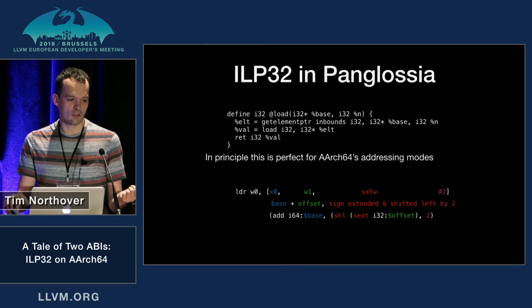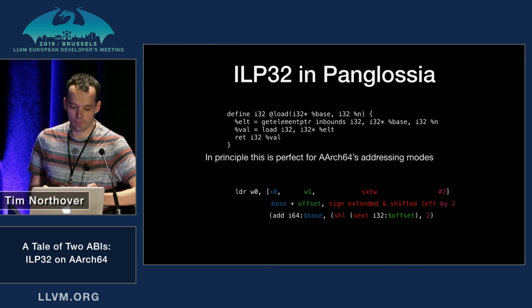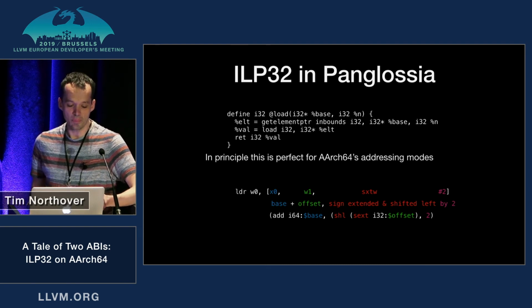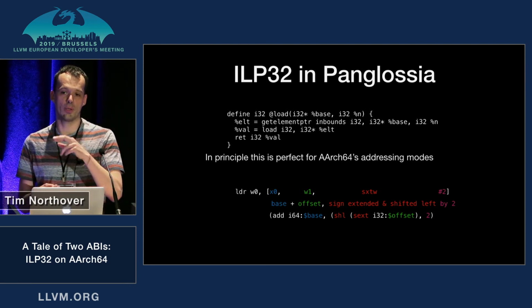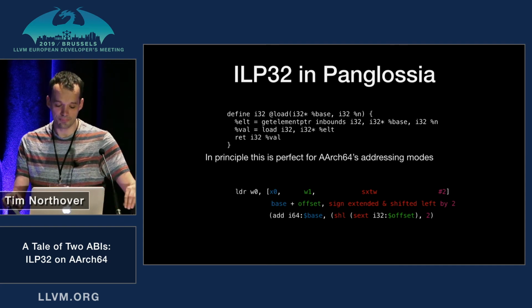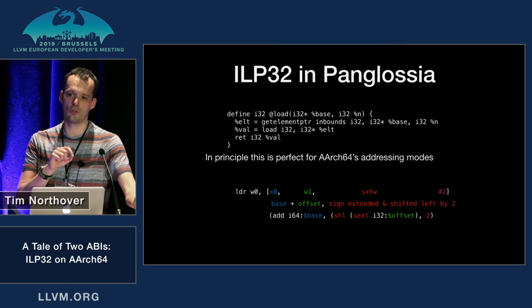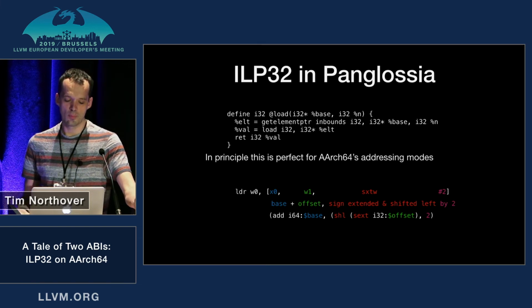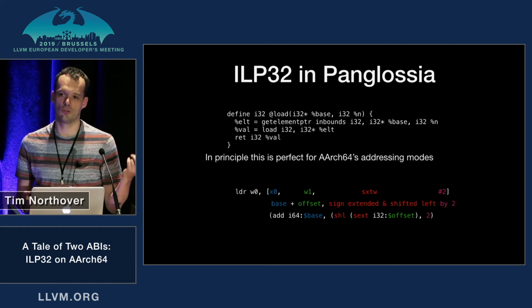There's a single instruction that will take the base of the array from x0, the 32-bit offset from the W1 register, sign extend it as the language reference says you should do for get element pointers. It's defined, that's how it treats subsized indexes. Shift it left by 2 so that we're stepping in chunks of 4 bytes rather than 1, perform the arithmetic and load the result into the correct return address, leaving just a ret instruction afterwards.